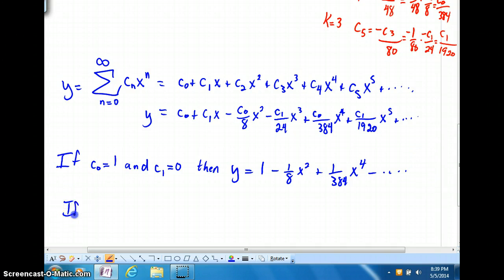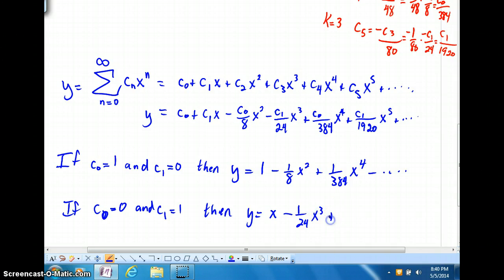By way of comparison, we could also say, now what if c sub 0 was equal to 0 and c sub 1 is equal to 1? Well, then very quickly we could find that y is equal to, now if c sub 0 is 0, all of the even powers of x are going to be gone, but all of the odd powers are going to be present.